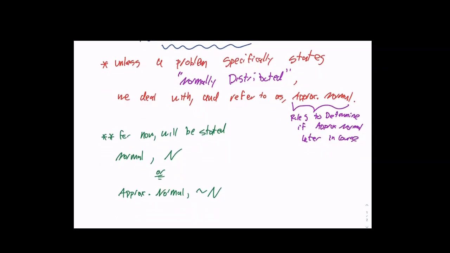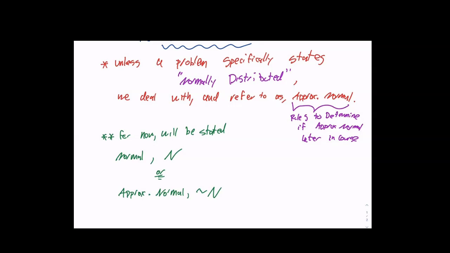So in statistics, the capital N stands for the normal distribution, which means the distribution follows the 68, 95, 99.7 rule. I'm going to tell you what that is very briefly. It means it is unimodal, symmetric, and follows the 68, 95, 99.7 rule.